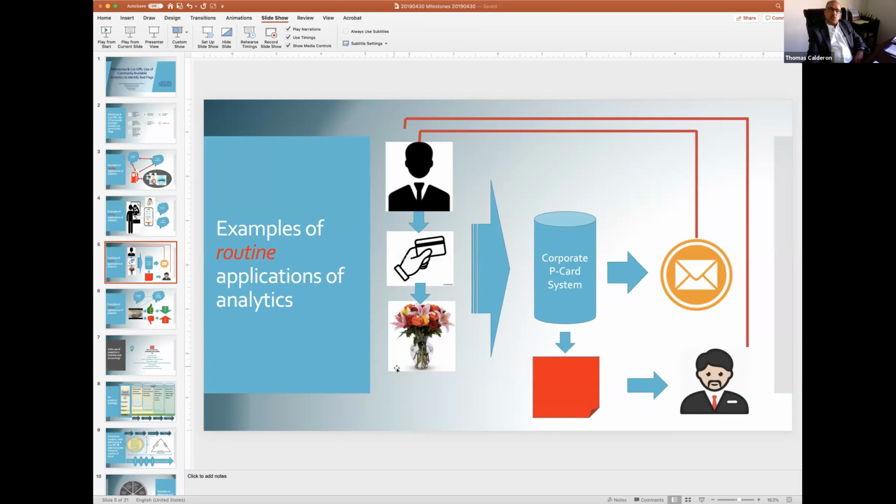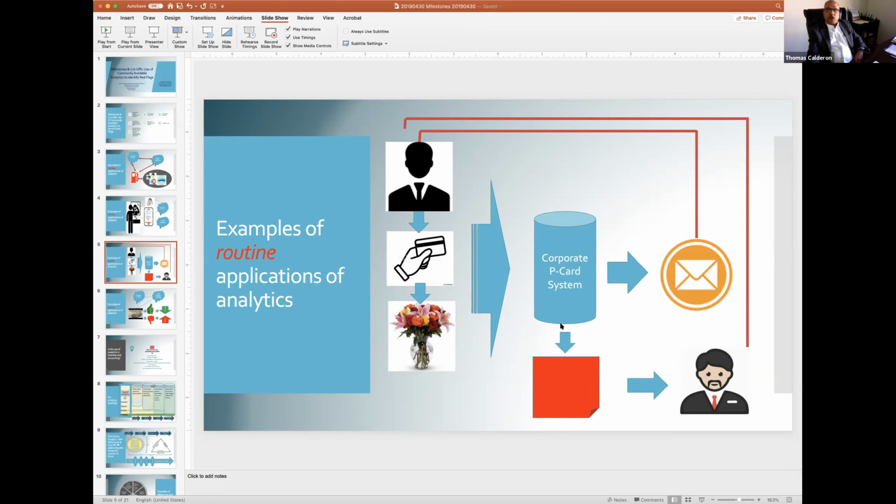So in this case, what would happen is that the credit card company and of course the institution, the organization, would have your profile in its database. And the system could tell whether or not you are authorized to purchase flowers.